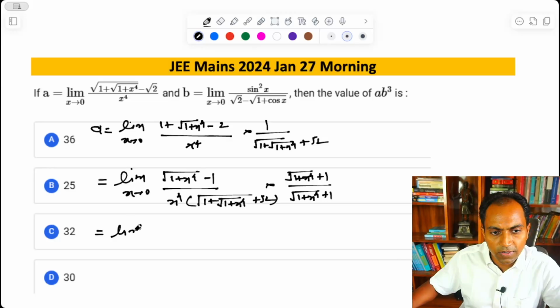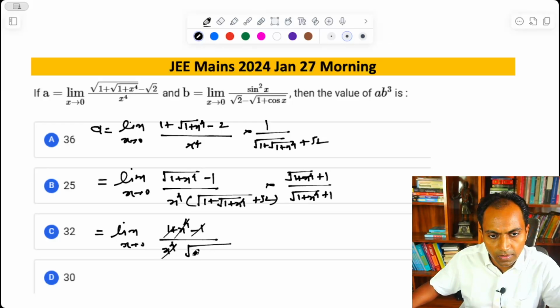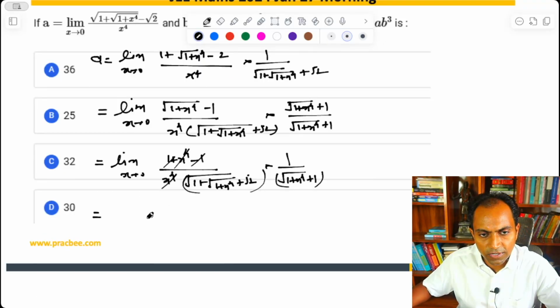Once we simplify, this becomes limit x tends to 0, 1 plus x raised to the power 4 minus 1. Given x raised to the power 4 waiting for this, it will get cancelled out. And what is remaining in the denominator is 1 plus root of 1 plus x raised to the power 4 plus root 2, and then also one more term, 1 by root of 1 plus x raised to the power 4. I can substitute the limits and get my answer.